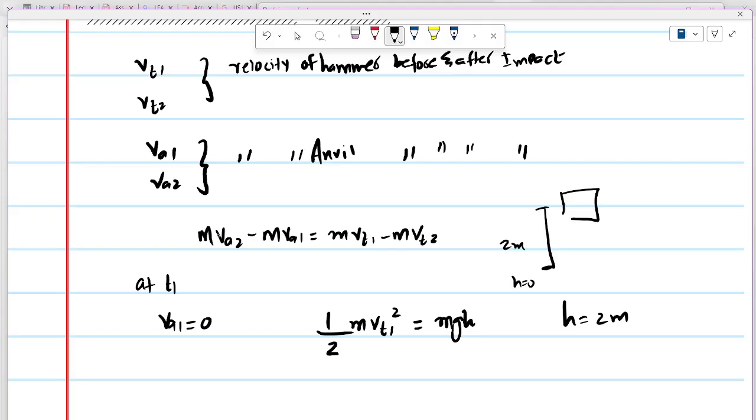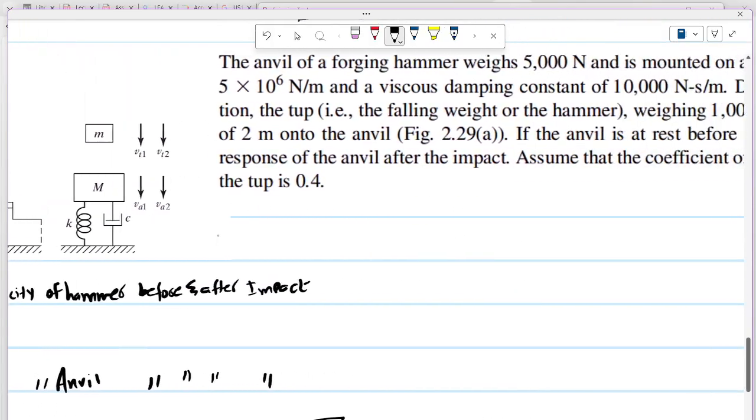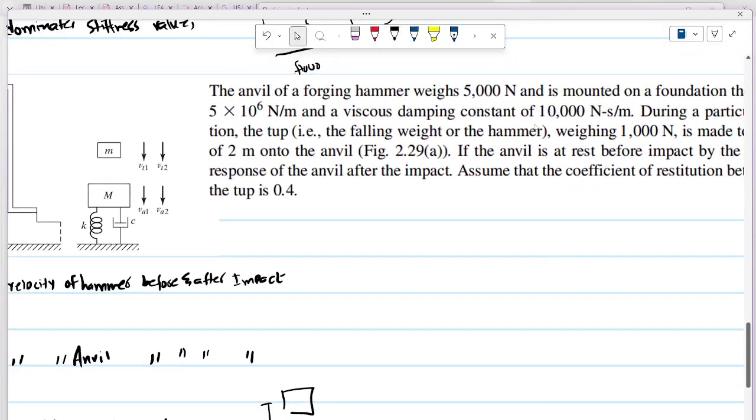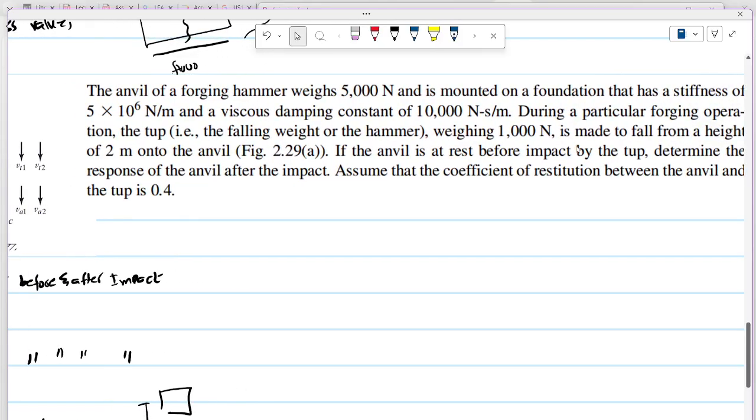So from here, you can input the values of mass, and we have the weight for this one. You can find W equals mg for the hammer. The hammer is 5,000 newton and the anvil is 1,000 newton.